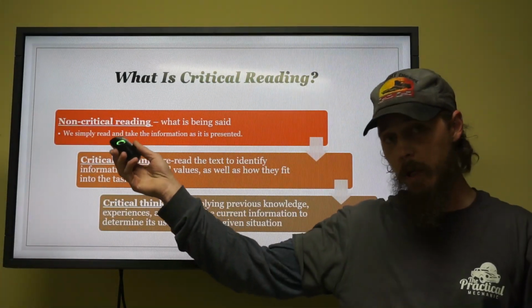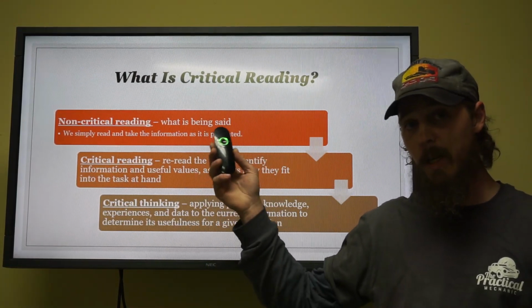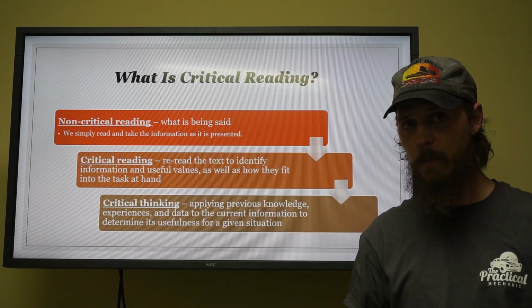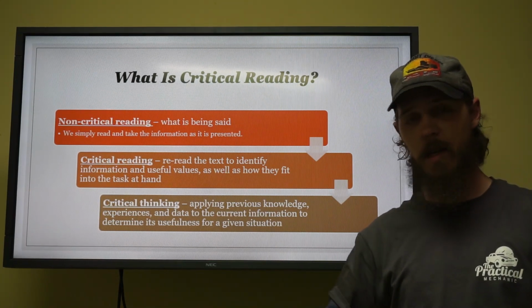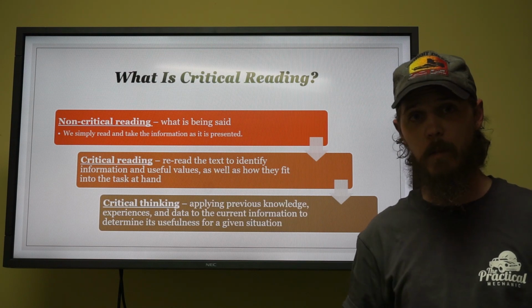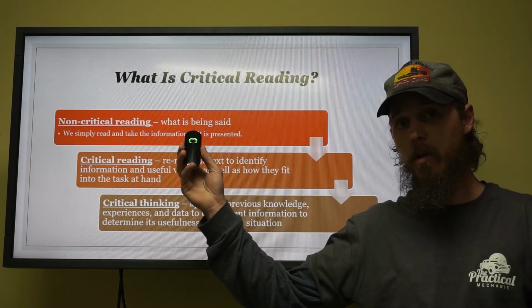So the non-critical reading, first step, easiest thing to do. You read what is being said. That's it. You don't look any further, you don't try to interpret, nothing. If it says that you got to stand on your head and spin in a circle in order to get the door to open, you go, okay, that's fine. It's how a lot of trouble trees and flowcharts are written.